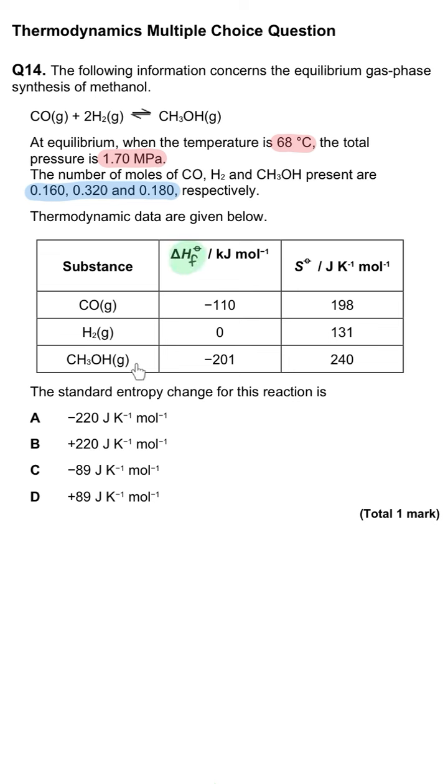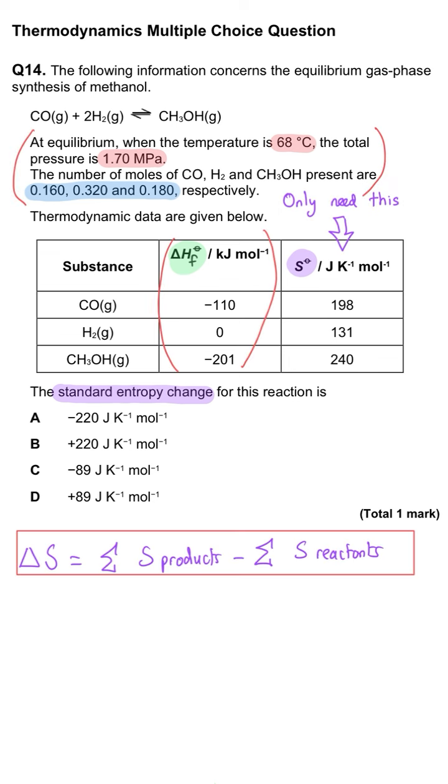We've got all of the reactants and products, their enthalpy change of formation, and their entropy values. This question is asking us to calculate the standard entropy change for this reaction. And so the entropy change is calculated by taking the sum of the entropies of the products and then subtracting the sum of the entropies of all of the reactants.